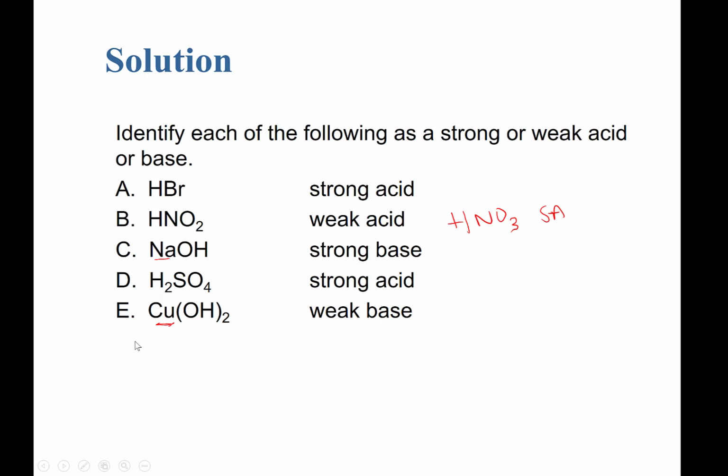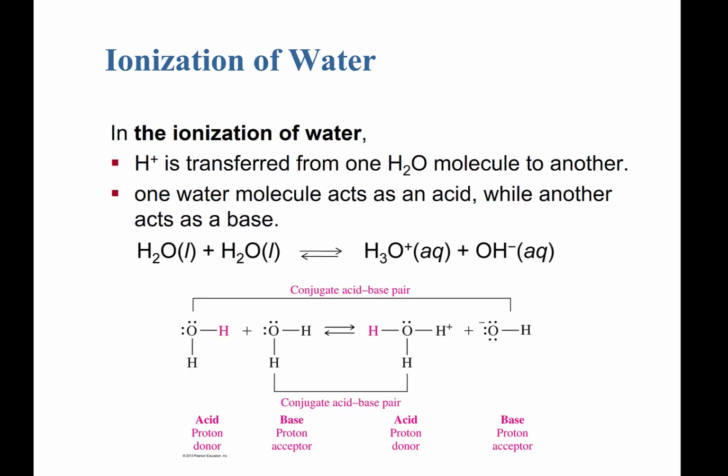And I can tell acids from the bases because remember our bases have the OH and our acids have the H usually in the front. Okay, water tends to automatically split up into ions. So if I have one water reacting with another water, I'm going to make an H3O+ and an OH-. So I can see that it's both a proton donor and a proton acceptor.